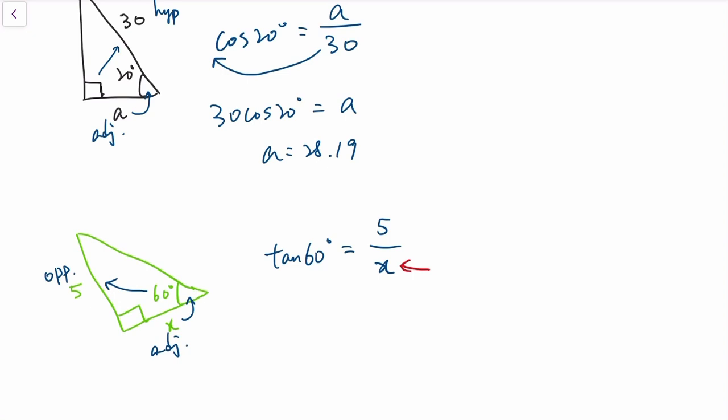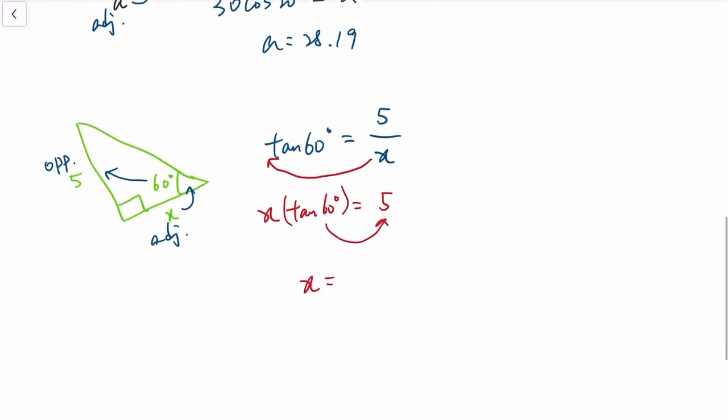Now this time this question is a bit different. The unknown is actually in the denominator. So when it's like this, there's actually no way to remove the 5. The only way is you multiply the x to the other side first. So it becomes x times tangent 60. And then you divide the tangent 60 back to the right. So x would turn out to be 5 over tangent 60.